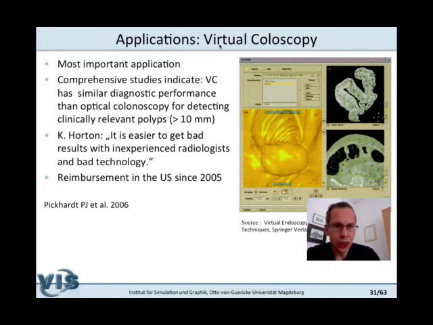I will start by showing this image from the book on virtual endoscopy and related 3D techniques that I have used already several times. A book that appeared already in 2001, so that was really pioneering work to summarize the early developments and the potential of virtual endoscopy.